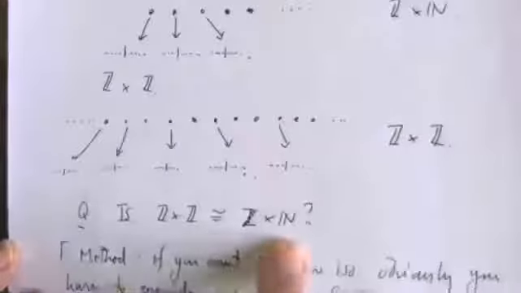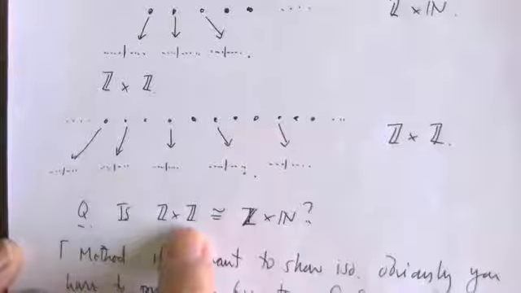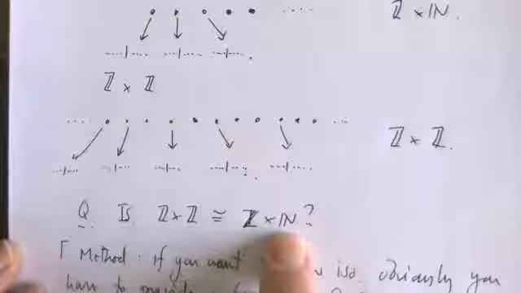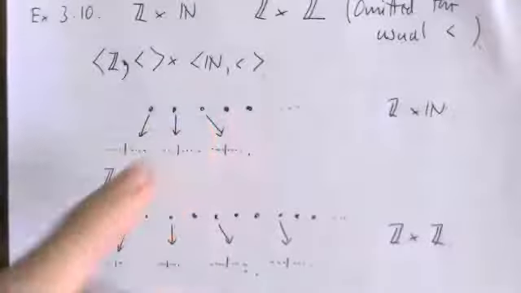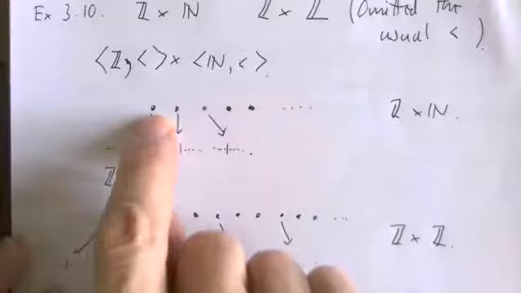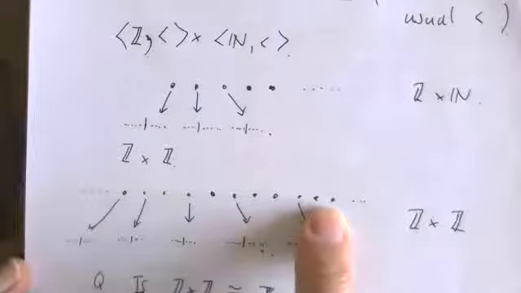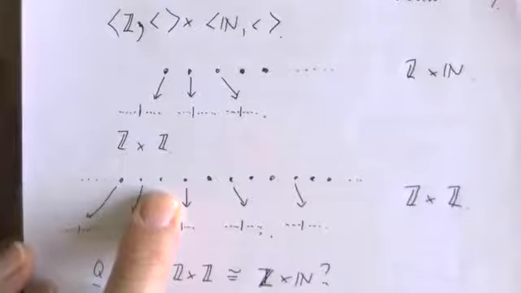Well, of course, the difference between these two is the difference between this N and this Z. And the N here, which is the top picture, the difference here, of course, is that there is a first block, right? There is a first copy of Z cross Z. And over here, there isn't a first block, right? For any block, there's a block to the left.